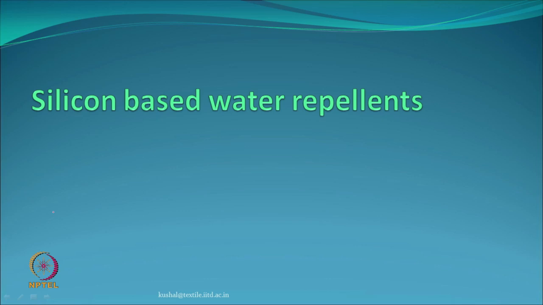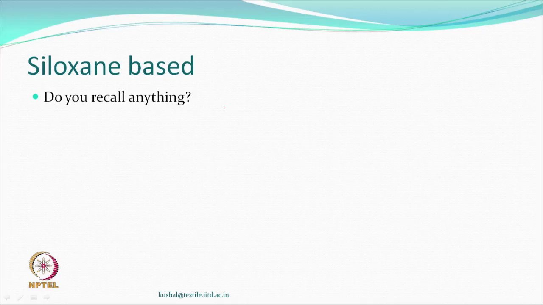Now, they will be generally reactive, let us hope. Then, if you remember, we earlier talked about silicon based compounds, but now we are talking about silicon based water repellents. So, what do you recall? The siloxane based compounds were used as softeners, right.